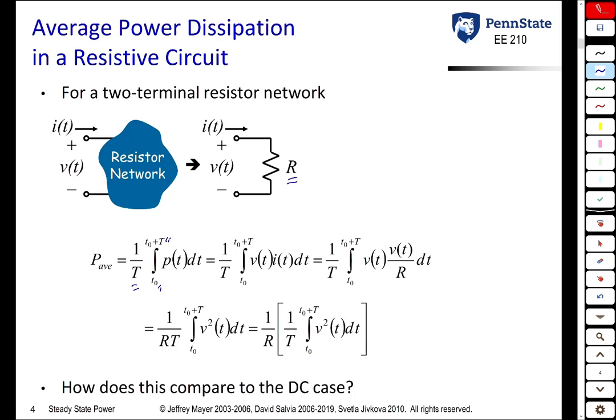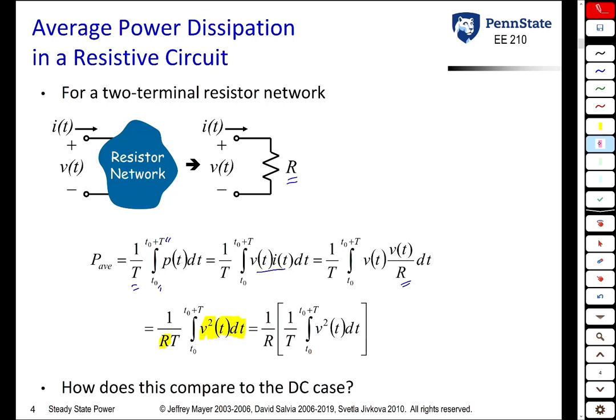But power is just voltage times current, and we know that the current through the resistor is the voltage across the resistor divided by the resistance. We can now take that R and bring it outside the integral sign, and we get 1 over R cap T times the integral from t0 to t0 plus cap T of v squared t dt.